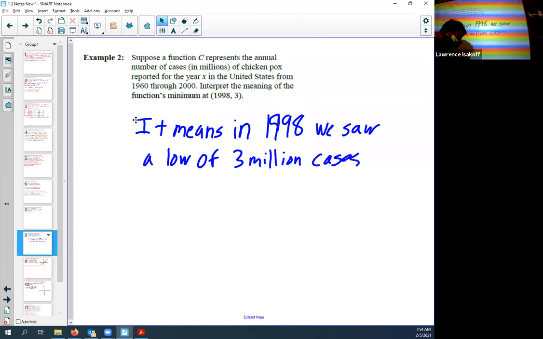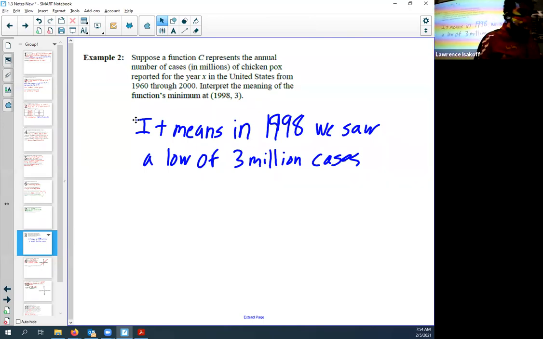And that's it. That's all interpret the meaning was. So again, that was just trying to read into the context of the problem.